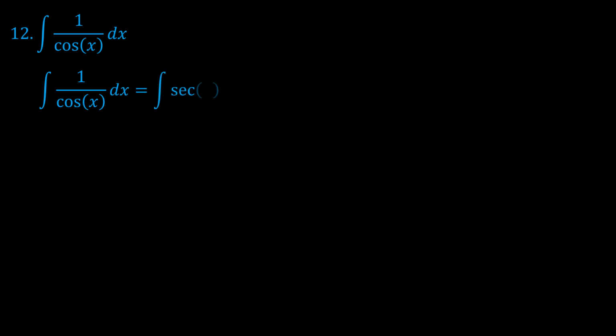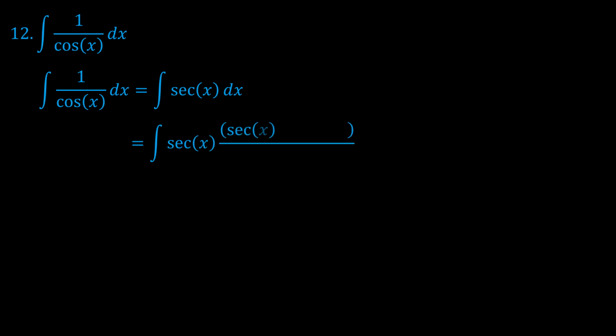Problem number 12, very interesting problem, the integral of 1 over cosine x. In some circles, this would be the indefinite integral of secant x. And this is a problem that can easily trip a lot of people.